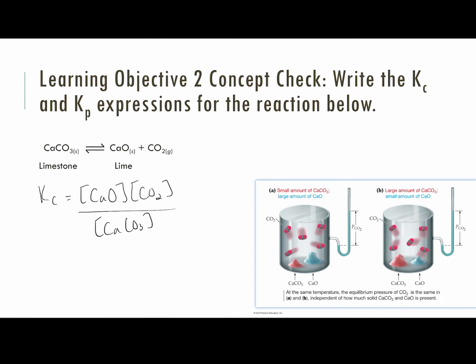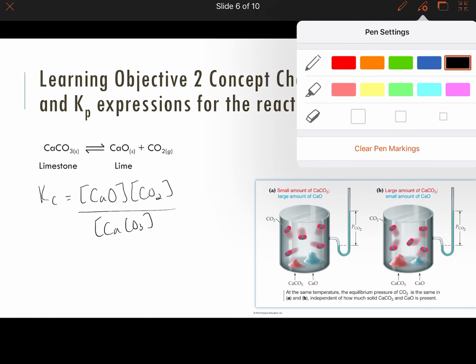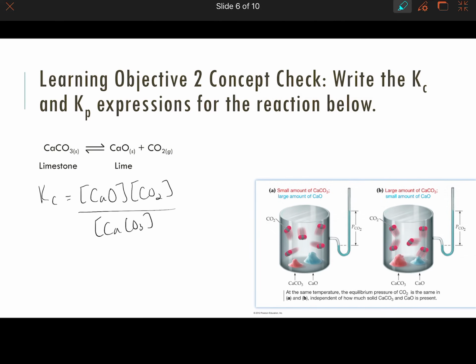But this and this, those are solids, so they did not get included. So our Kc expression in this case would just be CO2, because both of these are going to go to 1.